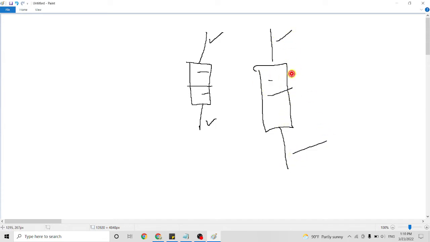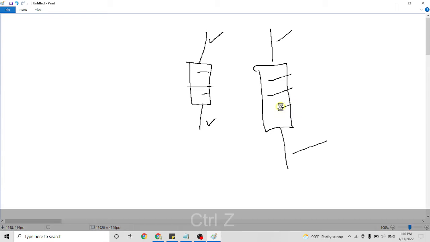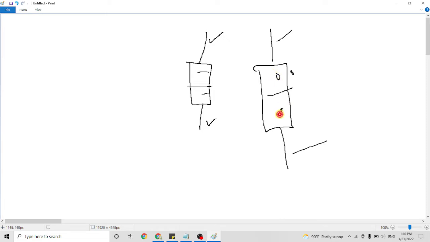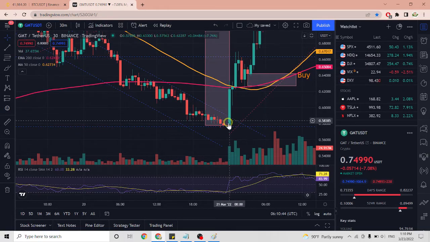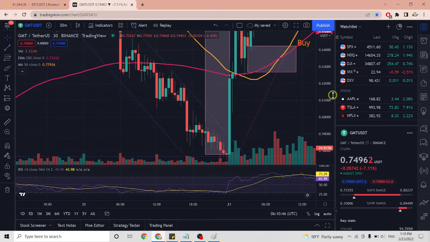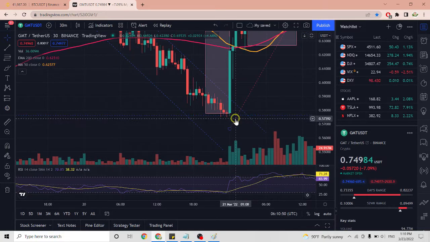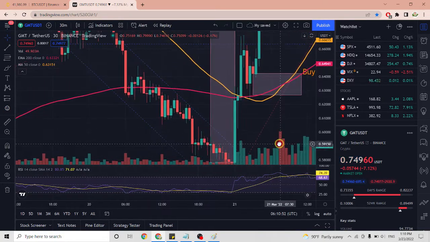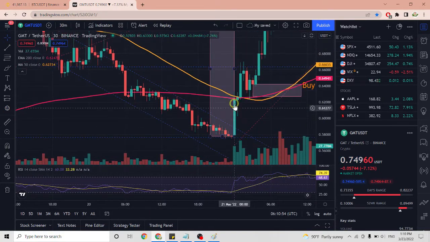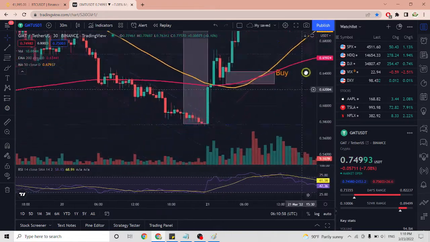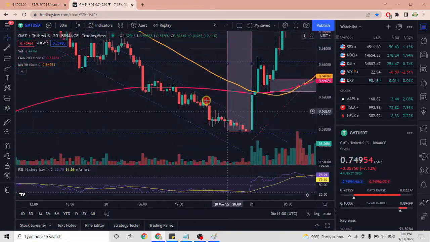This is head, this is body. Like this, you see. We have little shadow here, little shadow, and little shadow here. That's what we call a break, because it breaks from downtrend. Break from downtrend, break up.